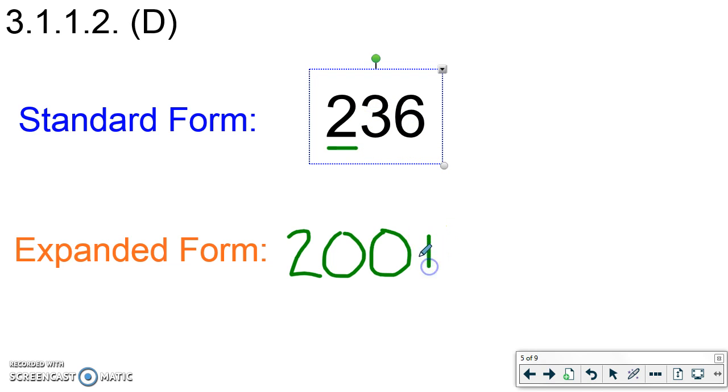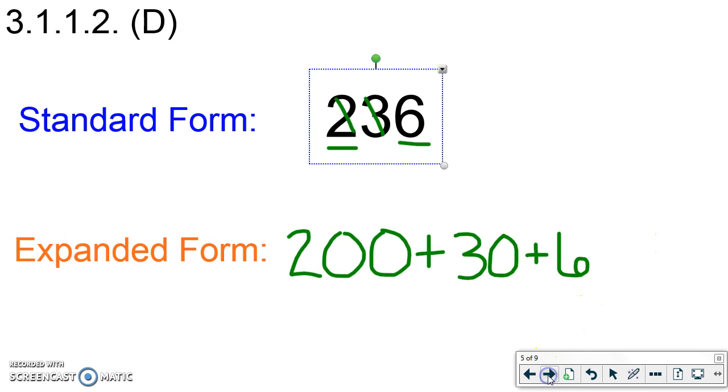So that takes care of my 2. Now I'm going to add the tens place, which has 1 digit to the right of it, so it's going to have 1 zero on it. 200 plus 30, and then plus the last digit here, just a 6 in the ones place. So 200 plus 30 plus 6.